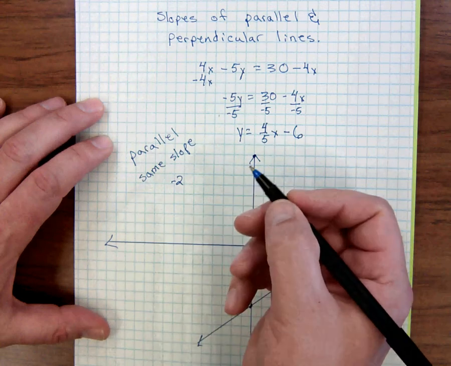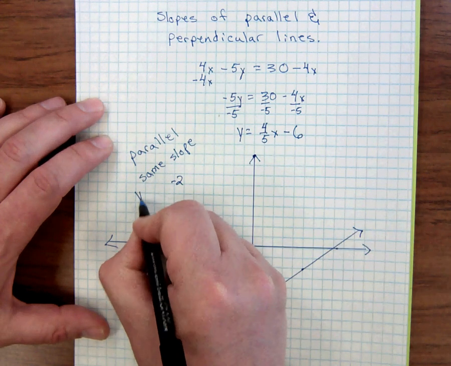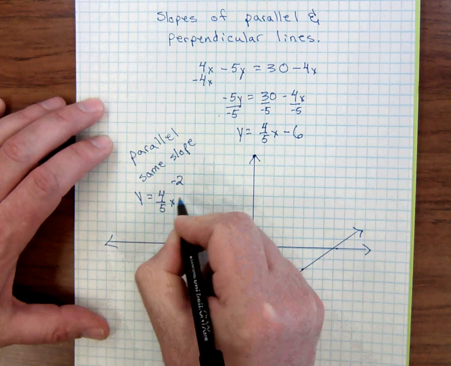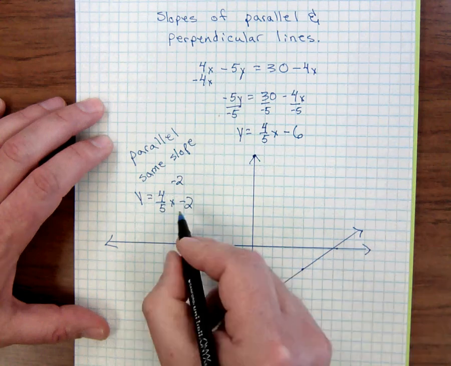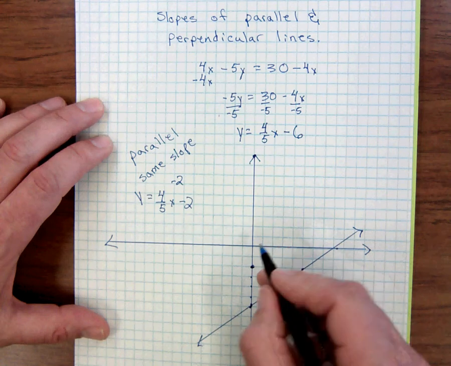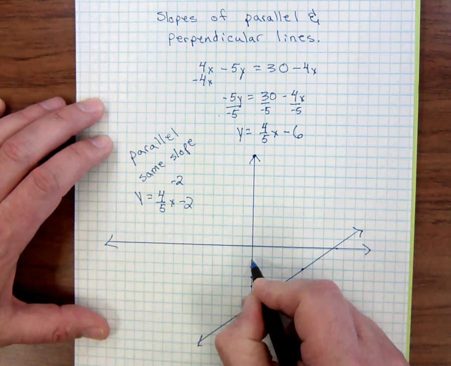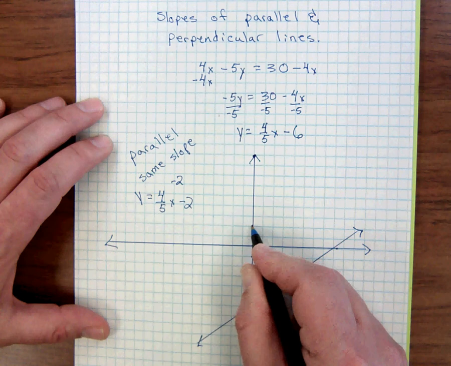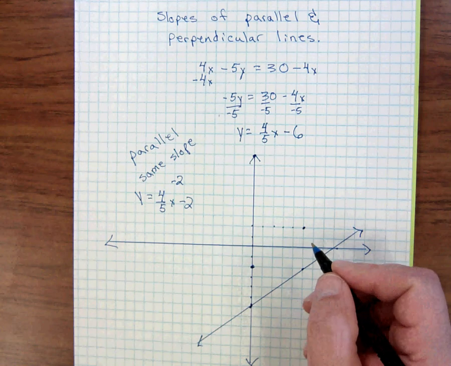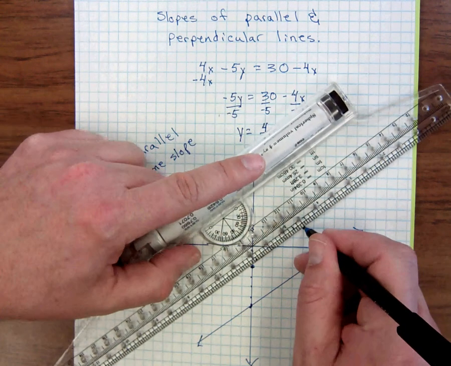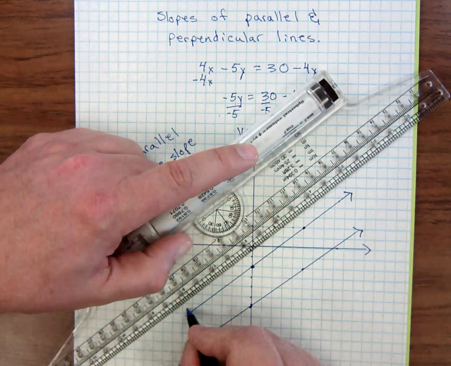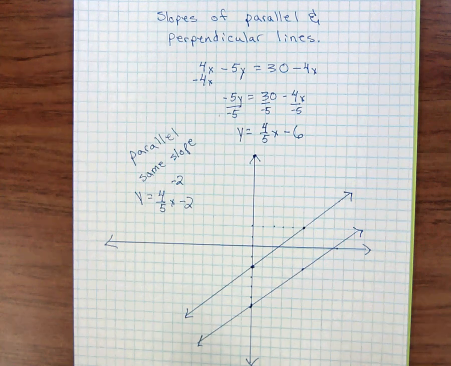So our equation would be y equals 4/5 x minus 2. Our y-intercept is at -2, right there. Again, our slope still remains the same, 4/5. So rise of 4, run of 5. And as you can see, these two lines are parallel.